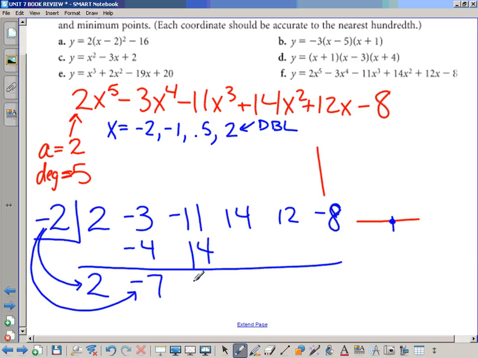Add. 3. Multiply. -6. Add. 8. Multiply. -16. Add. -4. Multiply. 8. Add. 0. I made it to a remainder of 0. That means -2 is definitely one of the solutions.